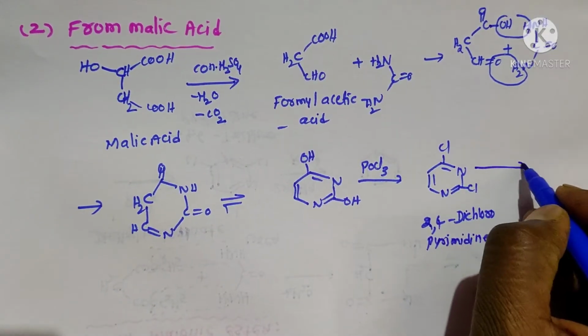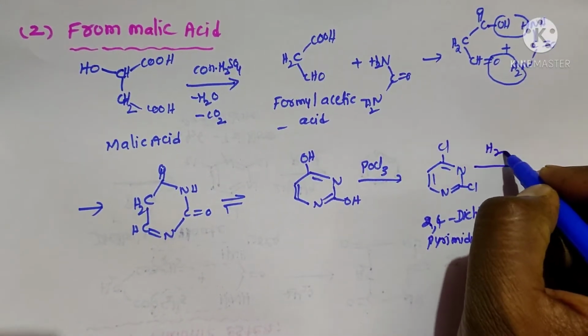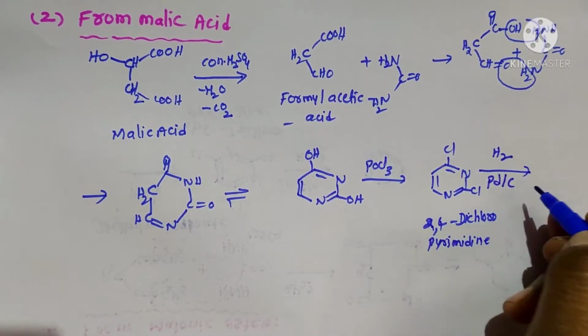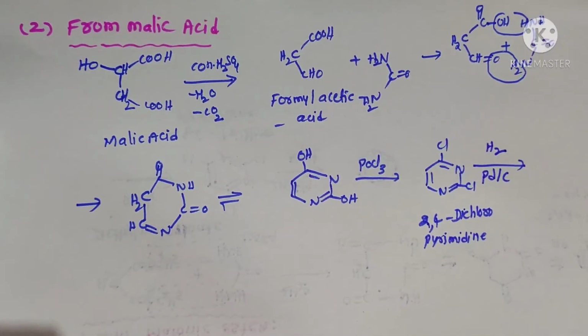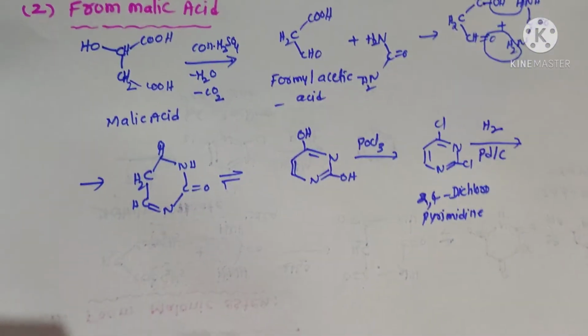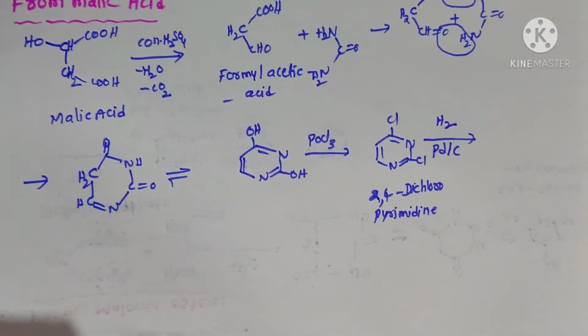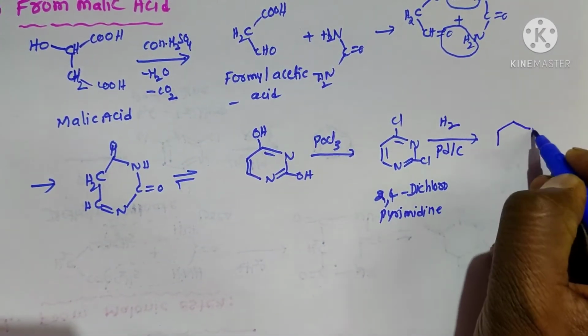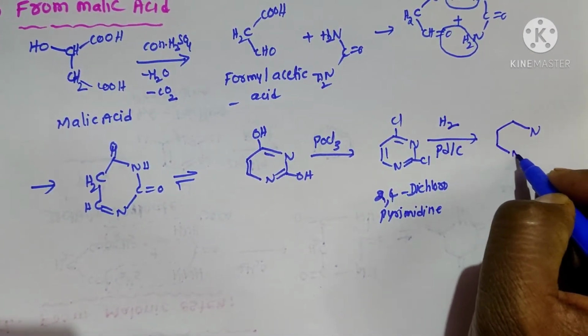If it is treated with hydrogen gas in the presence of palladized carbon, that means palladium coated on carbon, then we get pyrimidine. Chlorine will be substituted with hydrogen atoms. As a result we get the pyrimidine.